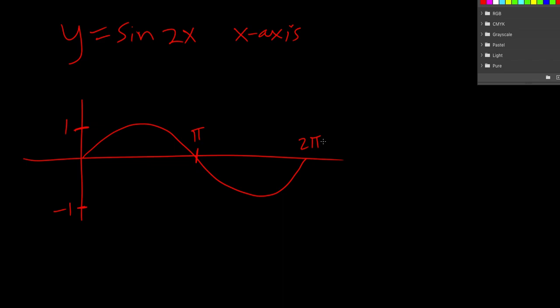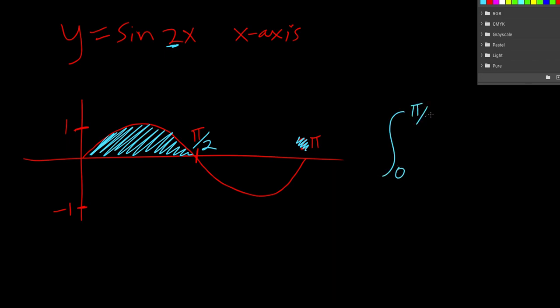Now what the 2 is going to do is, since it's multiplying, since it's on the inside, it's counterintuitive, and since it's multiplying, when we look at it on the graph, it's actually dividing, and so if we divide that by 2, it's just pi. So the first arc is just here, and so we can set up our integral from 0 to pi halves, and then do sine of 2x dx.